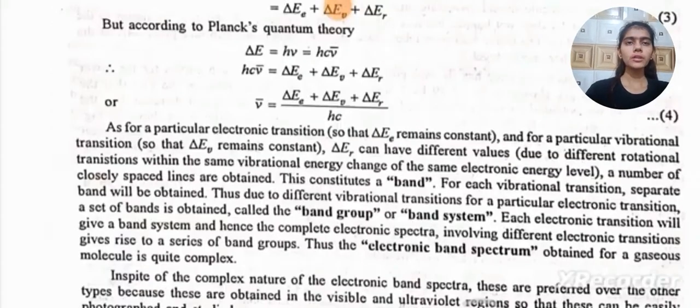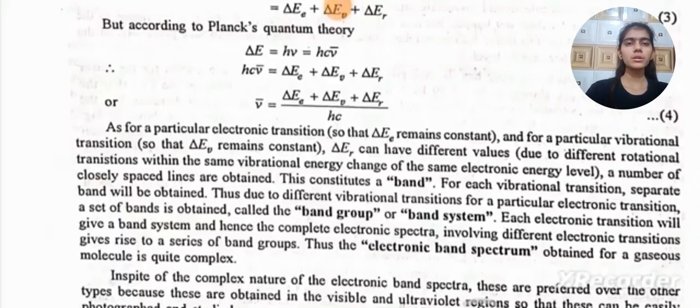But according to Planck's quantum theory, delta E is equal to h nu, that is hc nu bar, where nu bar is equal to delta E_e plus delta E_v plus delta E_r upon hc.